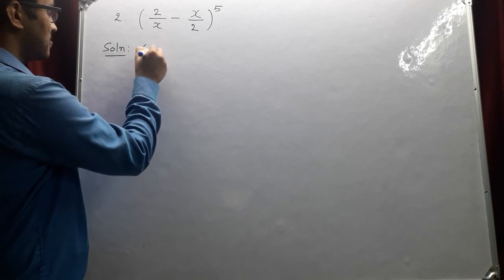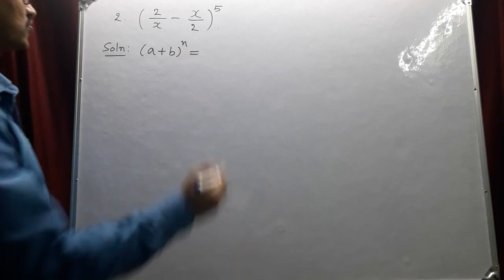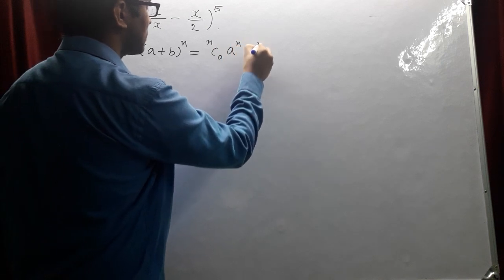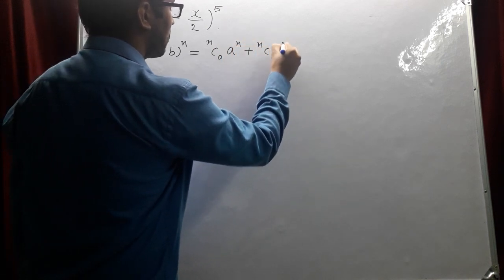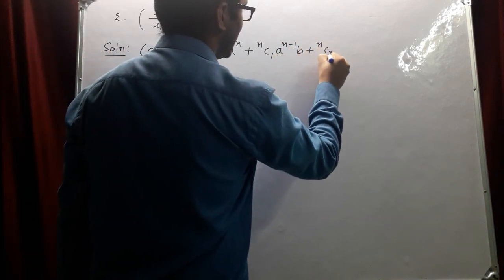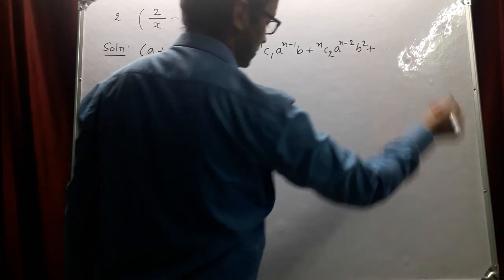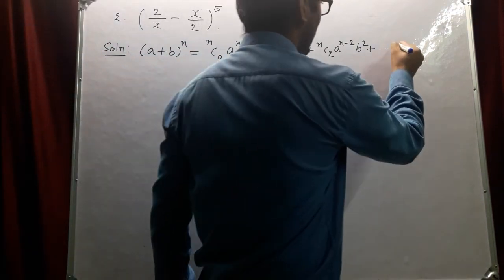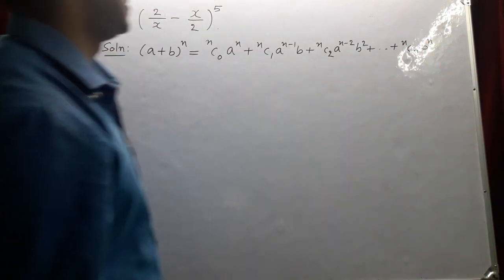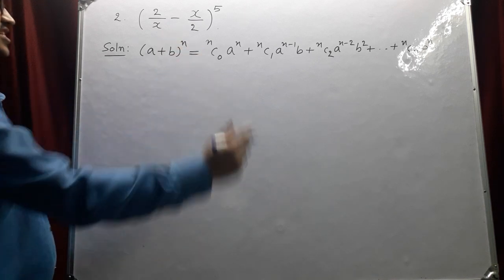So we have seen the binomial theorem, that is a plus b power n is equal to nc0 a power n plus nc1 a power n minus 1 b plus nc2 a power n minus 2 b square, and so on. Last term is ncn b power n. So this is the binomial theorem for positive integer.